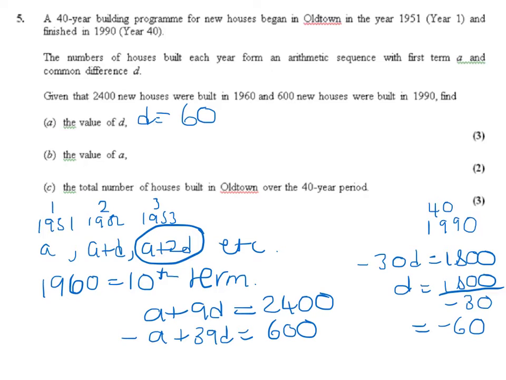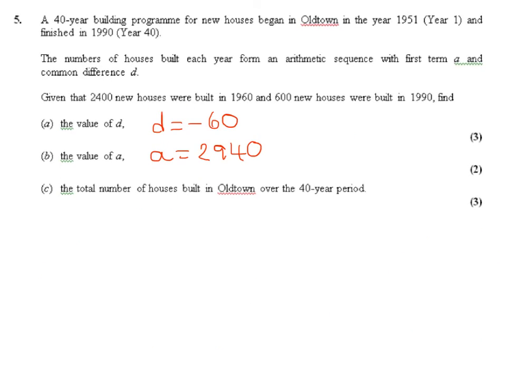The value of A, then, we can just sub into the first equation that we formed. So A plus 9D, 9 times minus 60 is minus 540, equals 2,400. If we add that 540 on, then A is 2,940. And that's A and D.